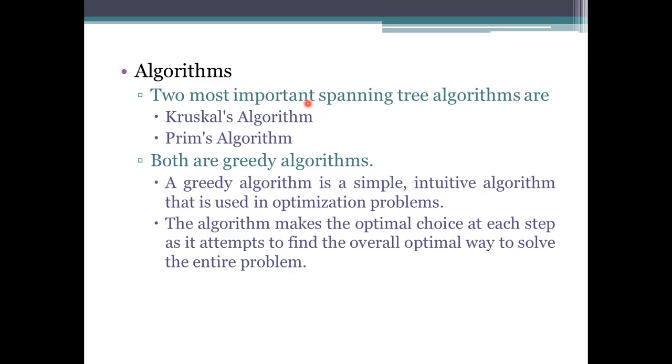While processing, we consider the optimal value at each step. So these are the two algorithms, Kruskal's and Prim's, that support finding the minimum spanning tree.